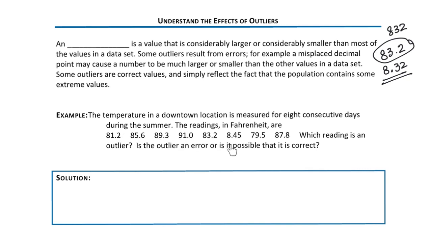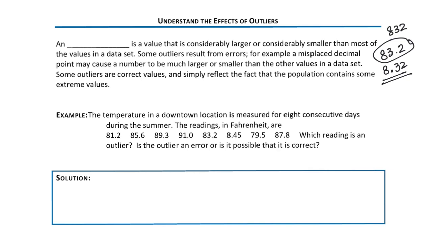In this example, we need to find the outliers. These are the temperature readings in Fahrenheit. So, if you look at that, you can see all these are 2 decimal places close to 80 or any values between 75 and 95, I can say, and only this one, 8.45, is too small compared to the other values in the set.